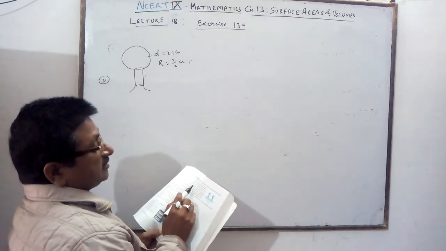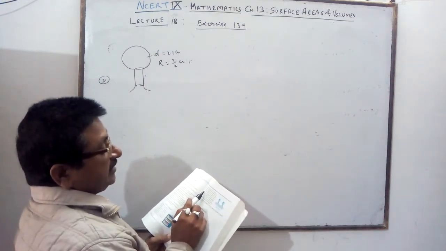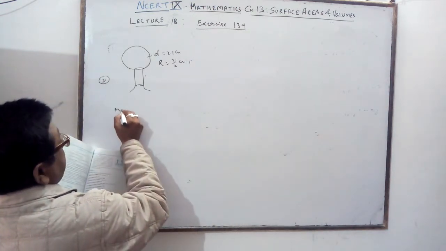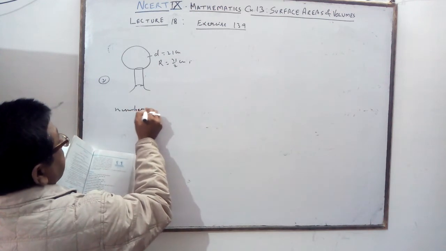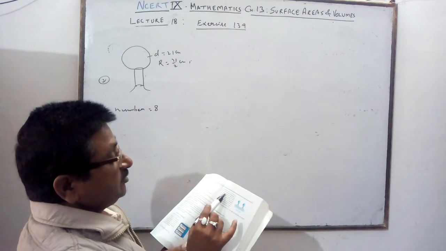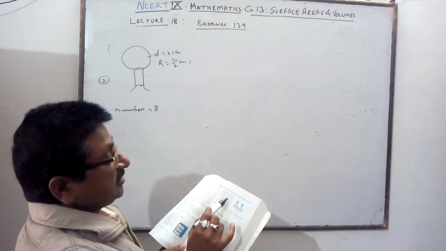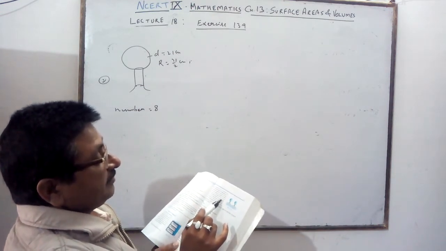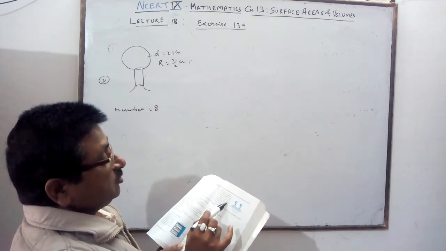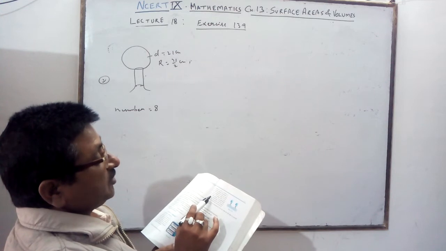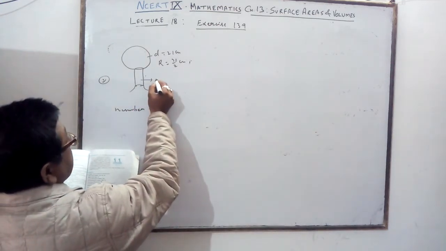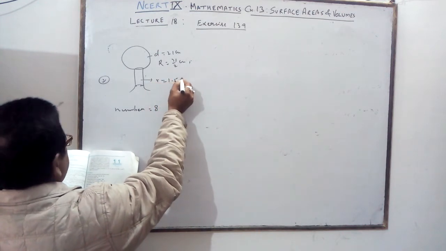There are 8 such spheres. It is placed on a small wooden support, and they are to be painted. You want to paint it. Each support is a cylinder of radius 1.5. The radius of the cylinder is 1.5 centimeter.